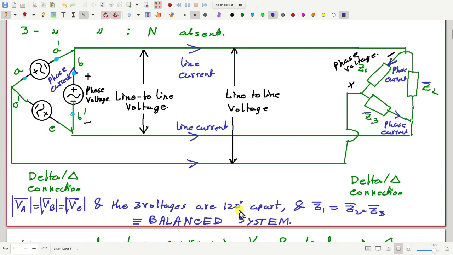If the source voltages are equal and 120 degrees apart, then we call that a balanced source.